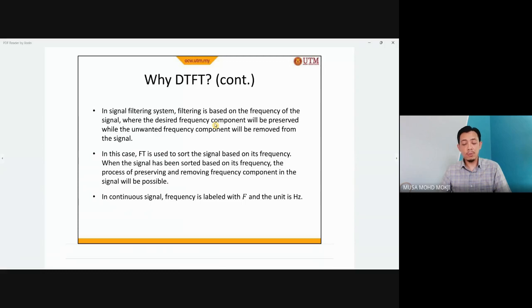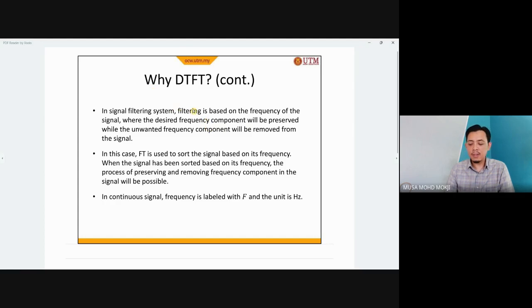After that, we can easily design a filter to remove any frequency that we don't want. We can just remove the unwanted frequency, because we can see where the low frequency is, where the high frequency is, where the noise is, and where the desired frequency is. We can see those things in the frequency plot. That's why we need to do a Fourier transform.